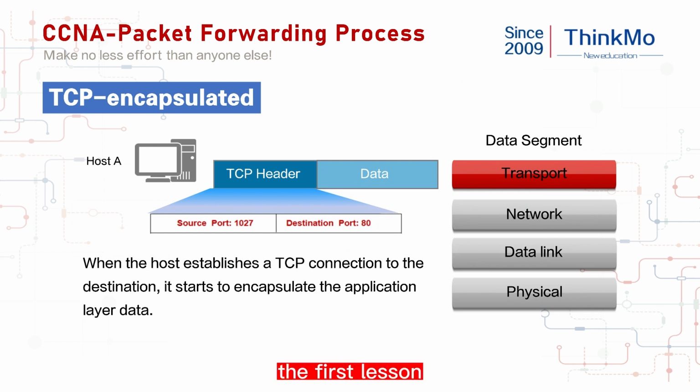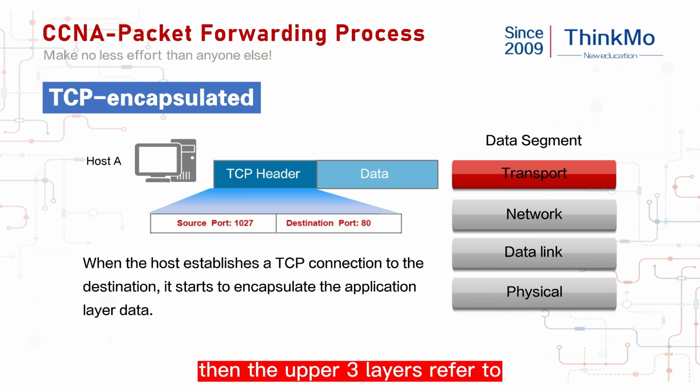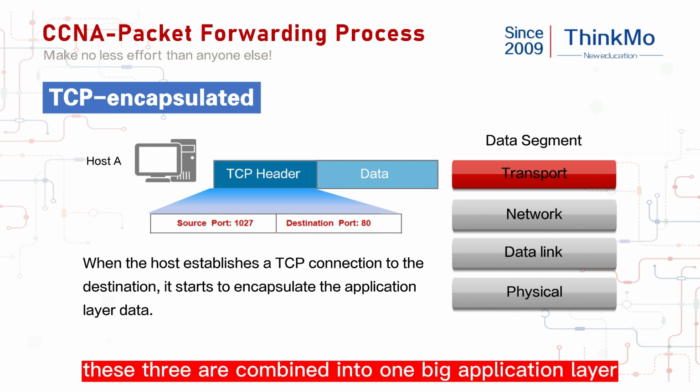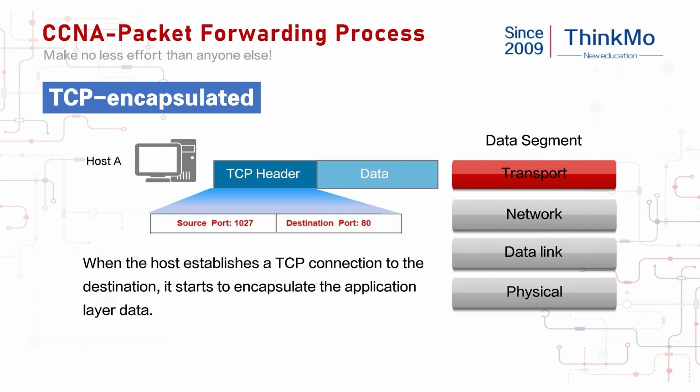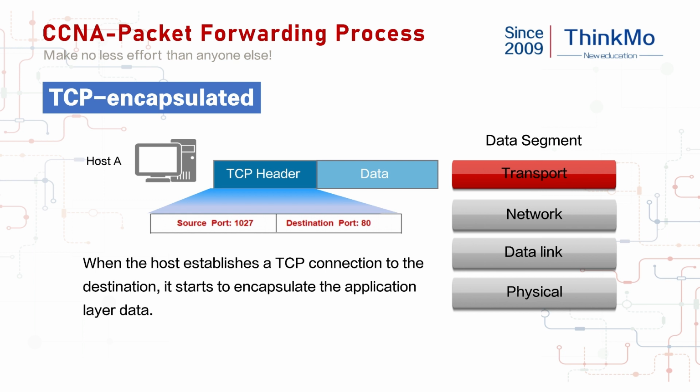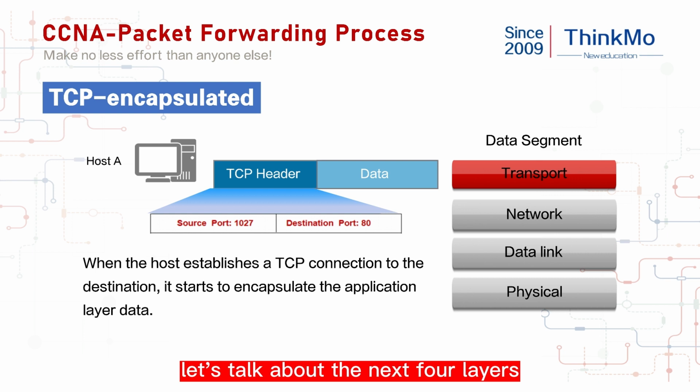The first lesson, OSI 7-layer reference model. Then the upper 3 layers refer to the application layer, presentation layer, session layer. These 3 are combined into one big application layer for the TCP/IP protocol stack. As network workers, let's talk about the next 4 layers.